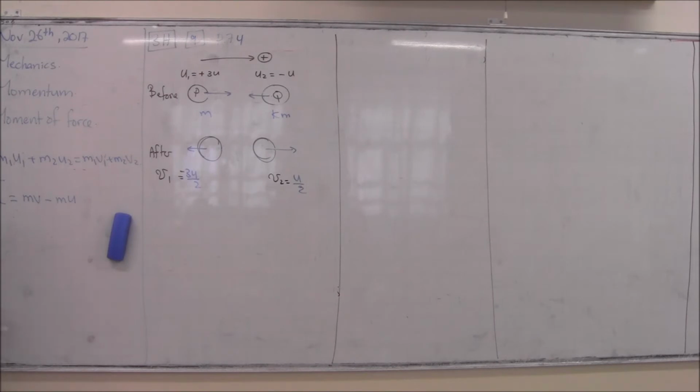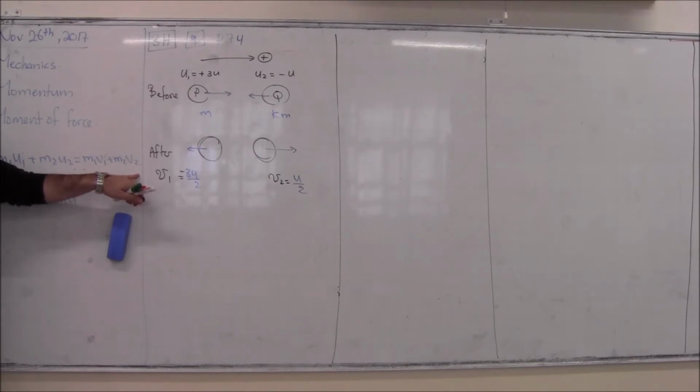So with all the information given, I can use this equation to find K, because I have information about M1 U1, M2 U2, M1 V1, M2 V2. But you have to be very aware of the sign.